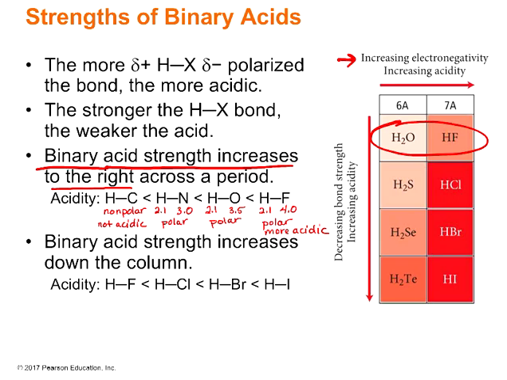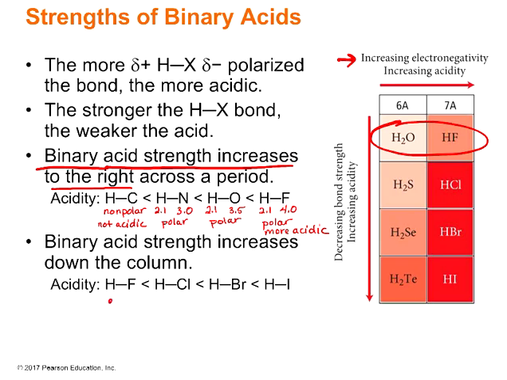Now, what about going down a column? If we compare hydrofluoric acid to hydrochloric acid, what's the main difference there? It has to do with bond strength. And in a previous class, 162, we talked about atomic size. And atomic size increases going down a column.